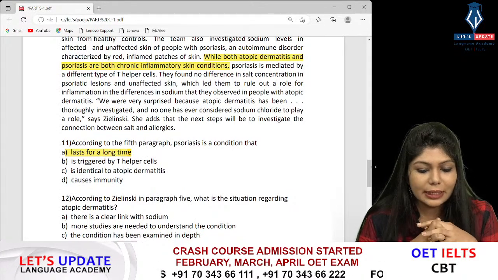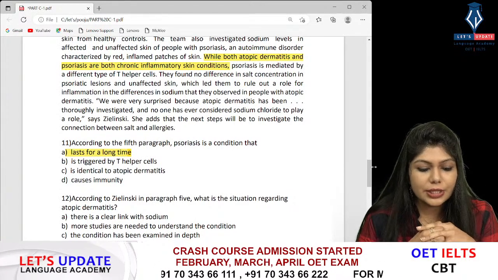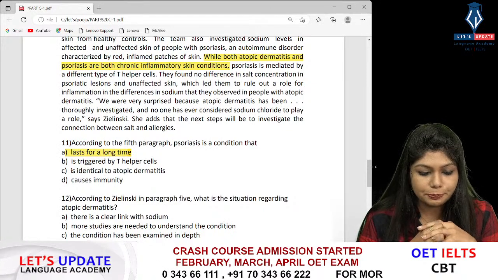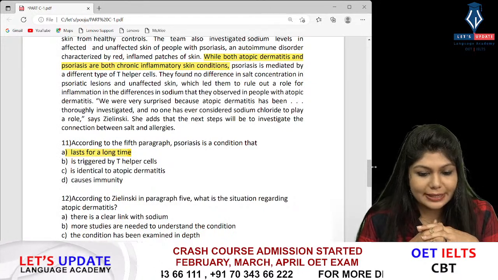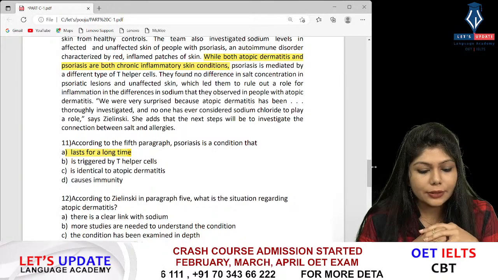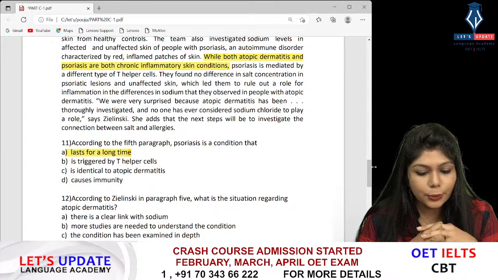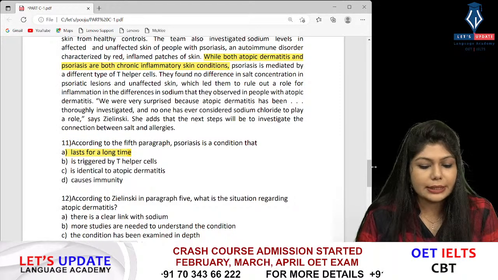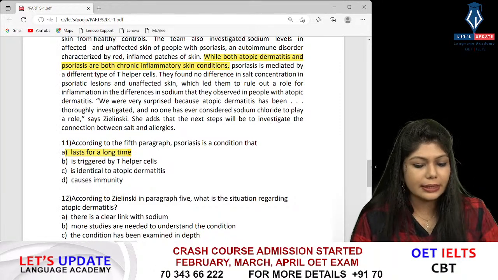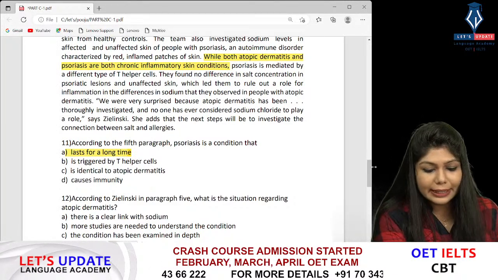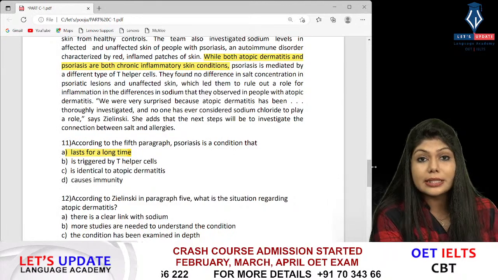According to Zelensky in paragraph 5, what is the situation regarding atopic dermatitis? That is the question. The options are: A, there's a clear link with sodium. B, more studies are needed to understand the condition. C, the condition has been examined in depth. And D, the condition is surprising.